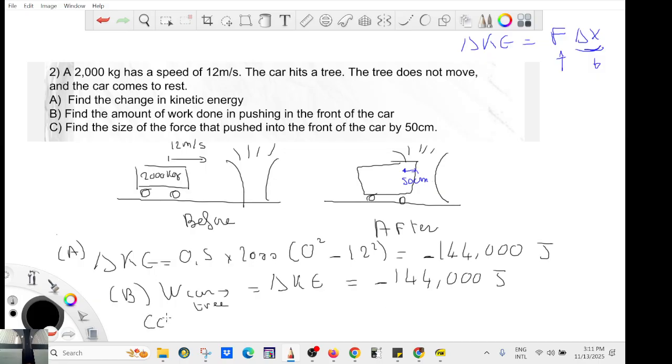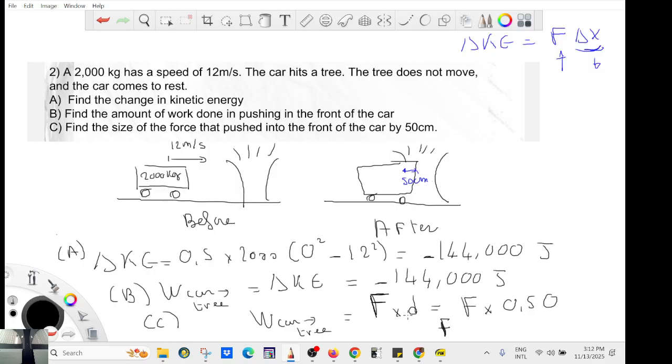Okay, C. Talking about force, all that work done by the car on the tree will be turned into force times distance. So that will be the force of the car on the tree. Force times the distance is 0.5. So you take this and divide by 0.5.